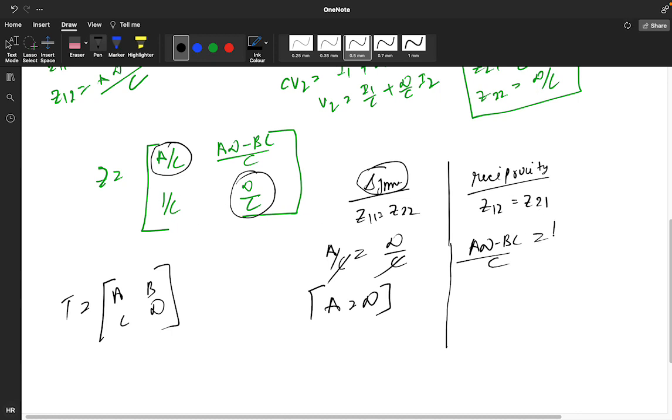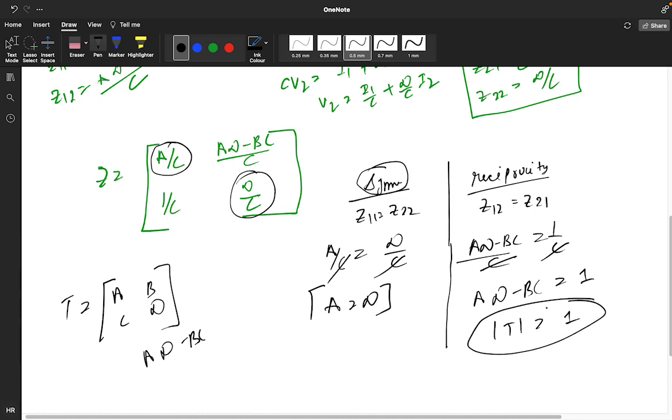It's 1 upon C. So if AD minus BC is 1, and AD minus BC is the determinant of the transmission parameter, then the network is reciprocal.